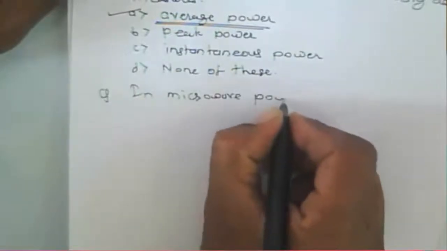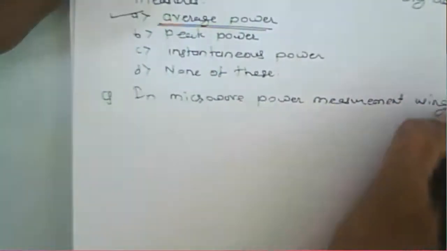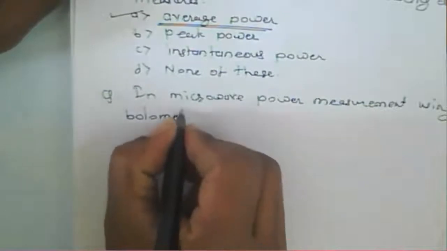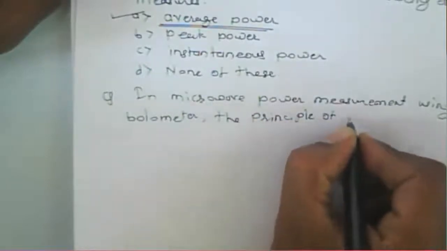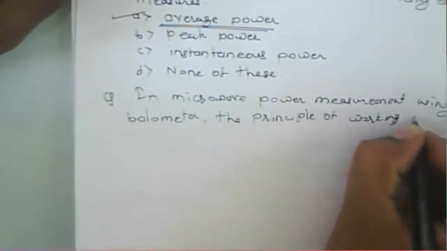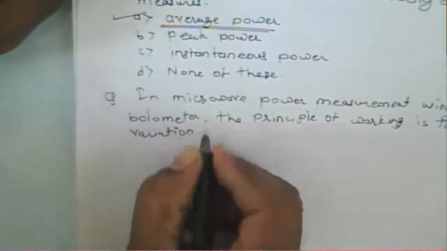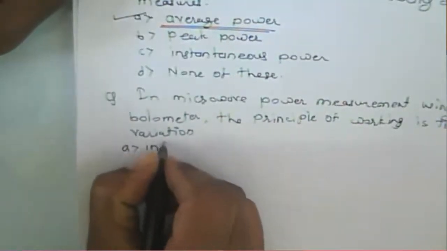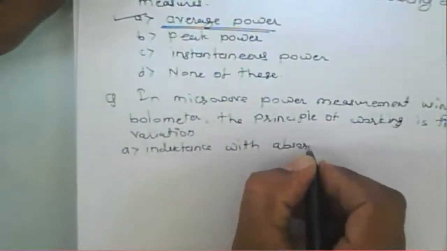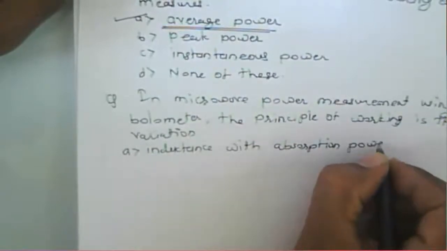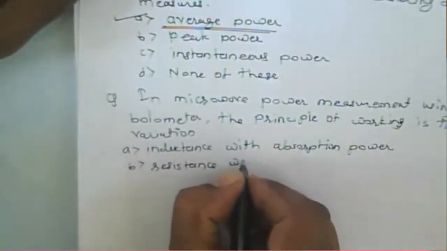In microwave power measurement using a bolometer, the principle of working is the variation of A inductance with absorption of power.